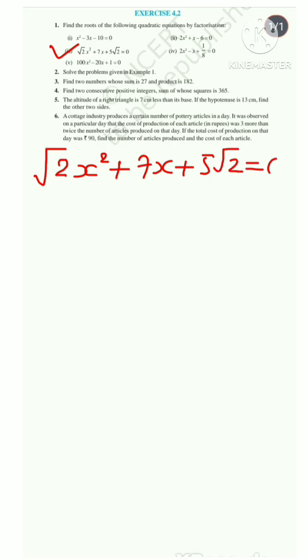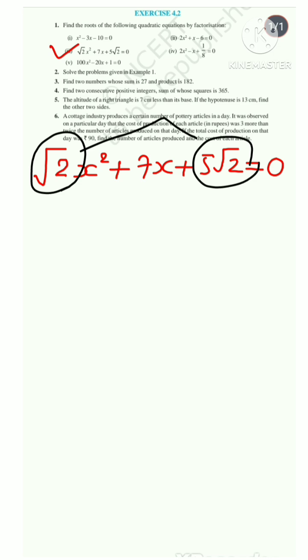Now question number 3, and the question is root over 2 x square plus 7x plus 5 root over 2 equal to 0. And here we can see the numerical coefficient of x square in the first term is root over 2, and this root over 2 should be multiplied with its constant part, that is with 5 root over 2.